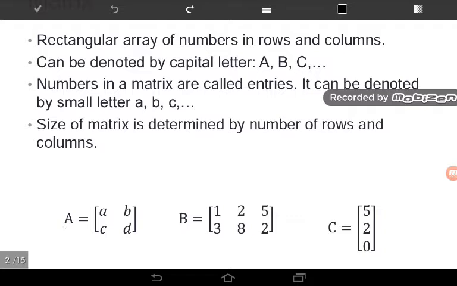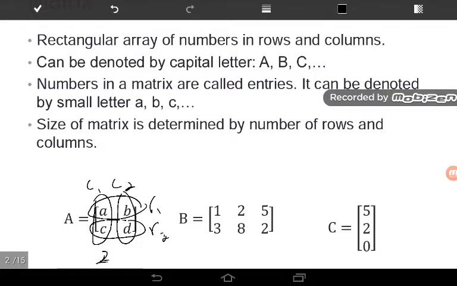The size of a matrix is determined by the number of rows and columns. Matrix A has 2 rows and 2 columns, so its size is 2 by 2.